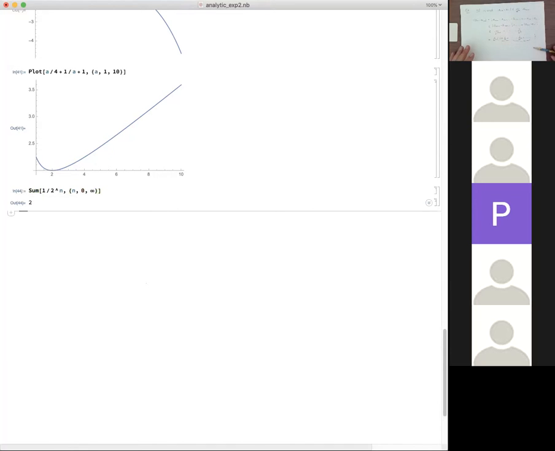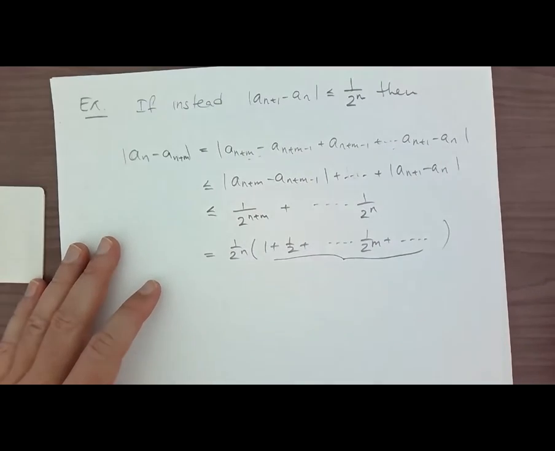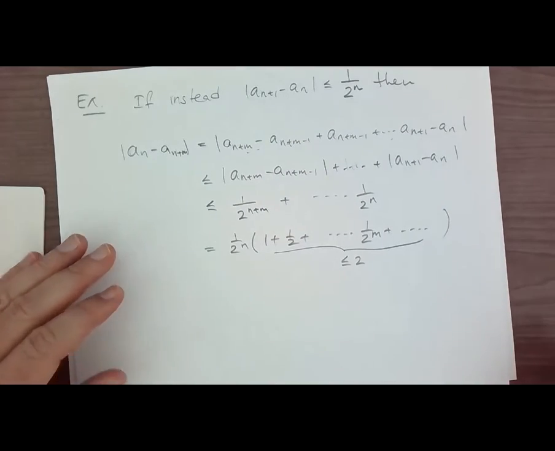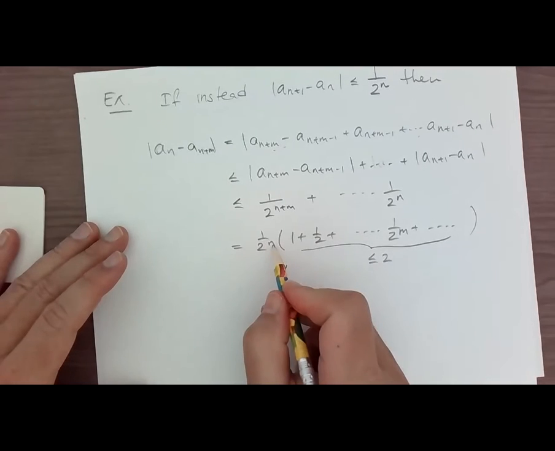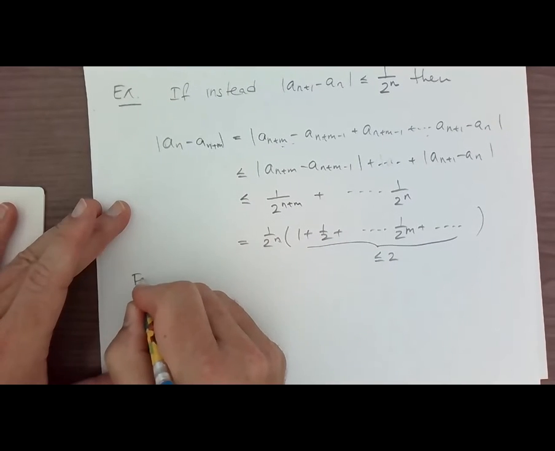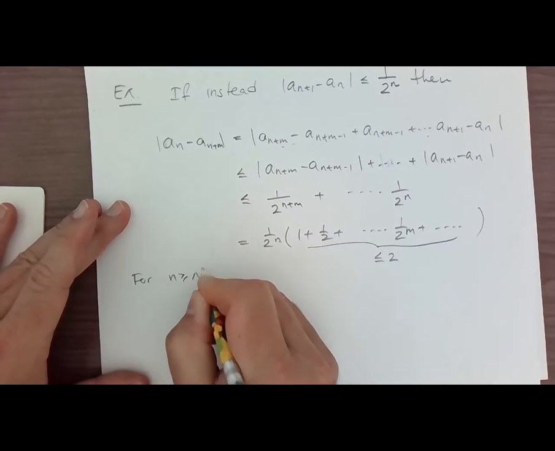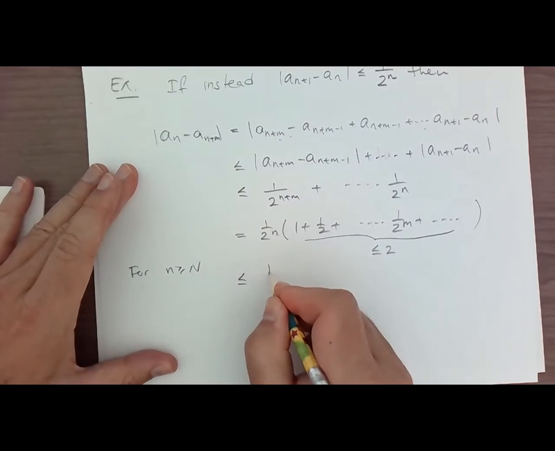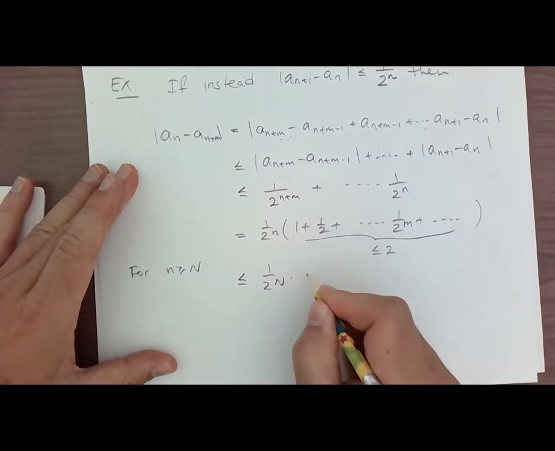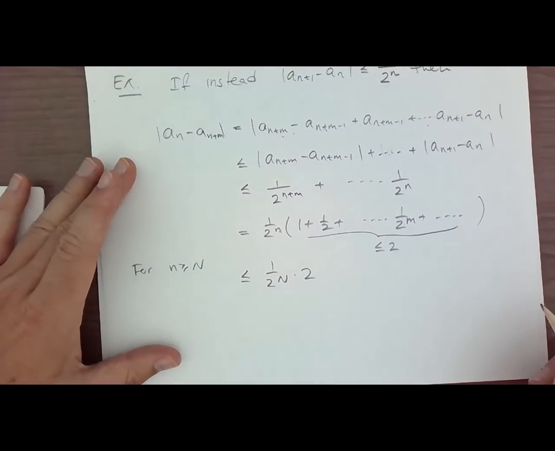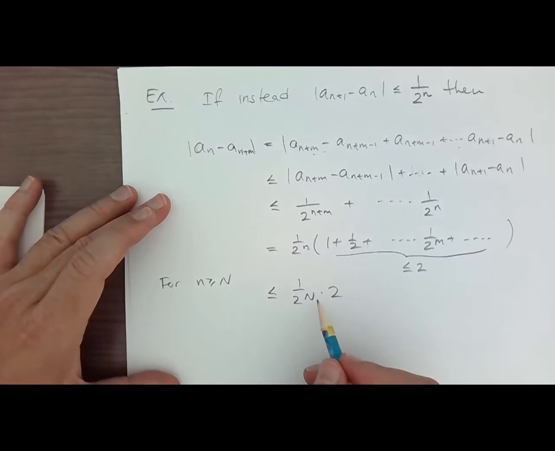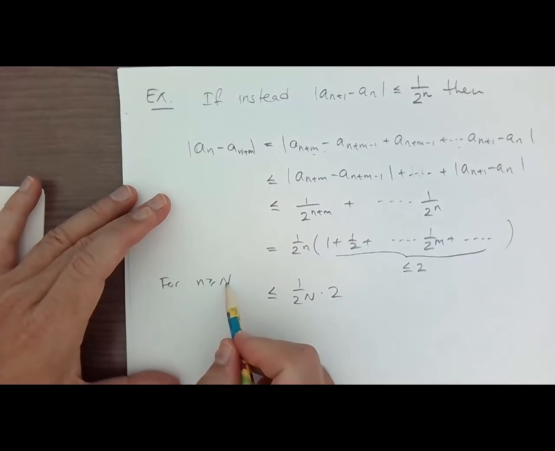So this thing goes to 0 very quickly, and this thing here would be bounded by 2. So for n sufficiently big, this thing here would be bounded by 2 times 1 over 2 to the n. And then I can squeeze this thing to be less than epsilon by choosing n big enough.